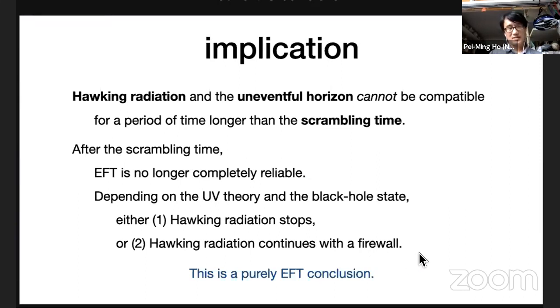These are two possibilities in which you don't have the information loss paradox. I didn't prove that it's impossible to have a UV theory in which you still have Hawking radiation but no firewall. I cannot prove that because I don't have a complete list of UV theories. I just proved that the effective field theory is no longer valid. But that's not a problem within the effective field theory description.